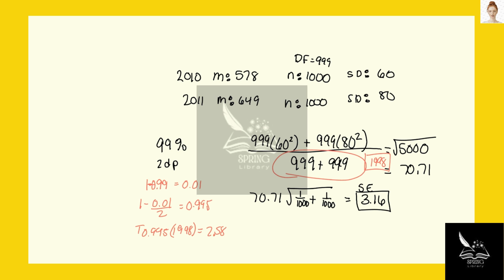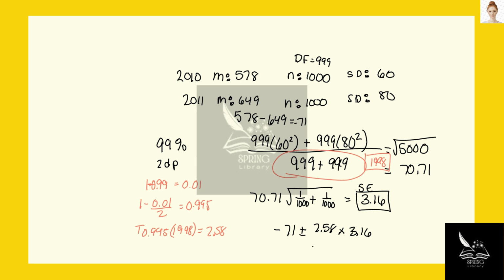So then you are going to take the 578 minus 649, and you get negative 71. So you take negative 71 plus or minus 2.58 times 3.16.